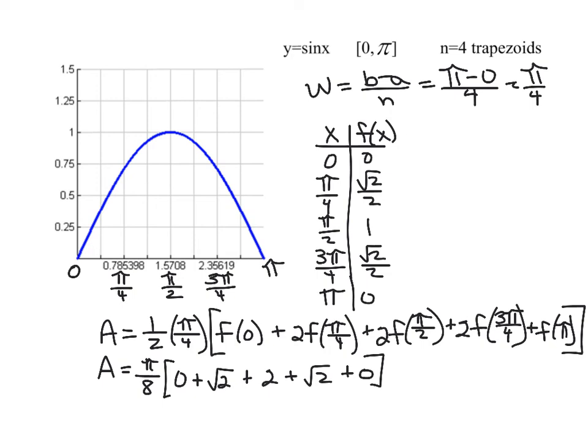Go ahead and type those into your calculator and get your approximation. I got as my approximation 1.896. You'll notice that I didn't take the time to make those trapezoids, so you could go ahead and fill in 4 trapezoids between 0 and pi. The left trapezoid and the far right trapezoid actually both turn out to be triangles, though.